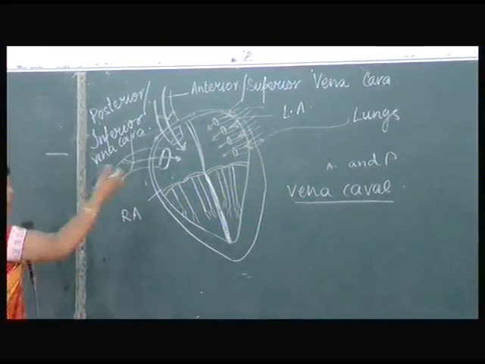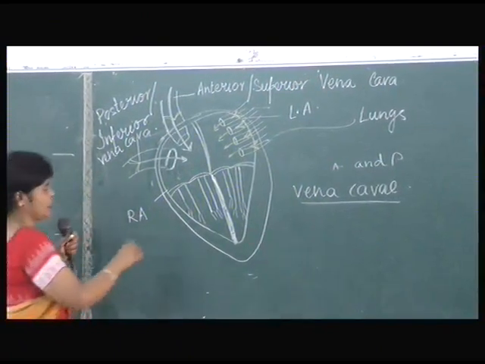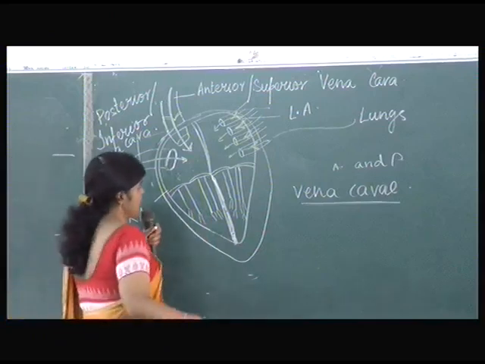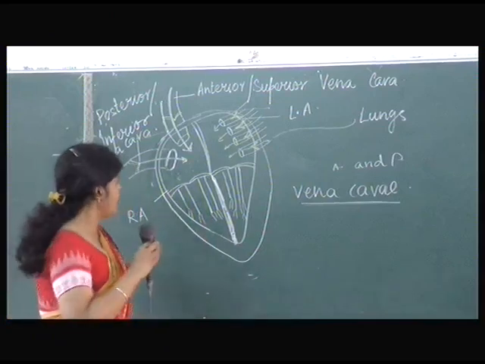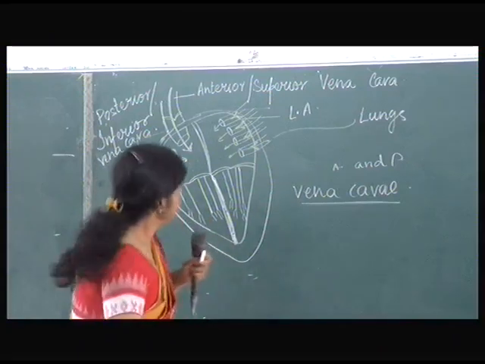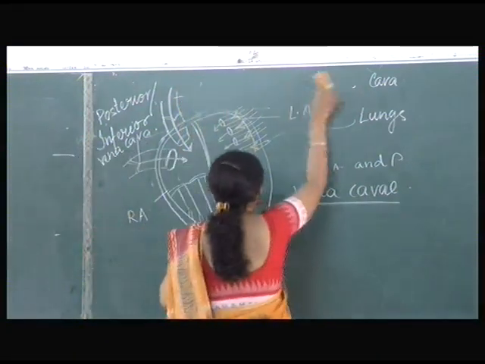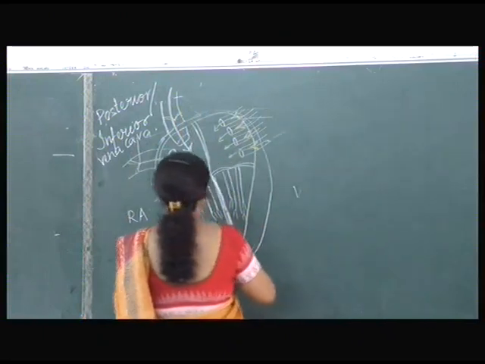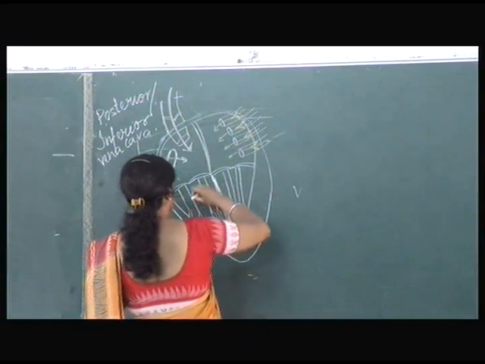Now let us come to the lower part of the heart, that is the ventricle. So what is the ventricle like? From the ventricle arises an artery. From each ventricle arises one artery. Is it all right?